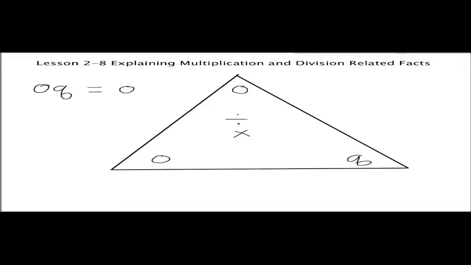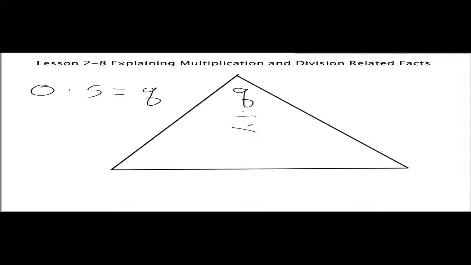Let's look at a different one. Let's say we have 0 times 5 is equal to q. So I've got q up here. I've got my division symbol, multiplication, and I have 0 times 5 equals q.